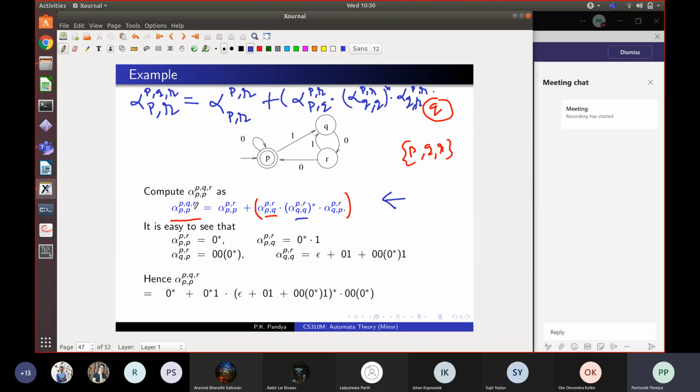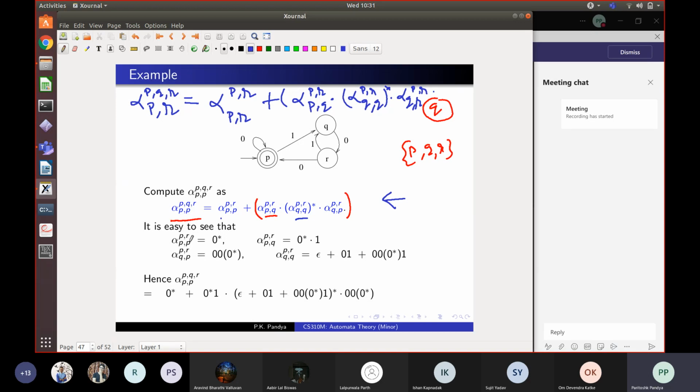Now, we know that this regular expression is the same as this expression, because we have expanded this to this. Now each subterm of this we will solve. What is alpha PP with PR? Alpha PP with set of intermediate states P and R: I can't go via Q, so there's no point taking this loop, but I am allowed to take this loop.